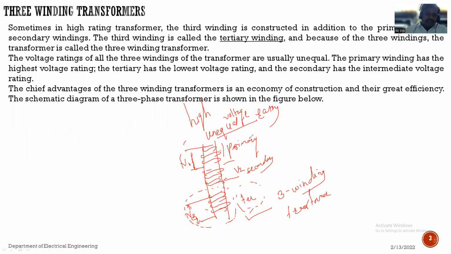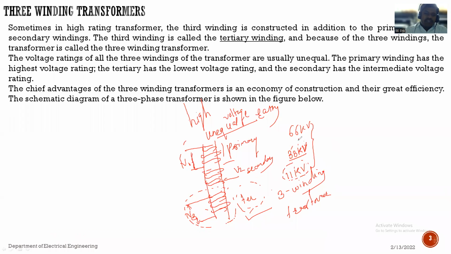Suppose the primary winding has a voltage of 66 kV, and the tertiary winding has a voltage of 11 kV. In between that, the voltage of the intermediate winding, or the second winding, or secondary winding, is intermediate between these two.